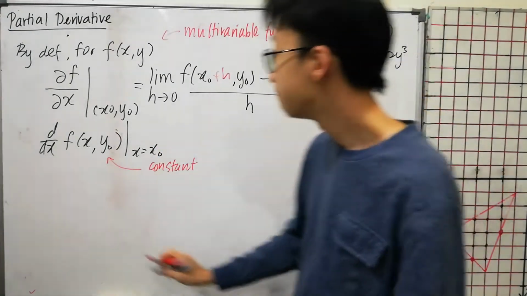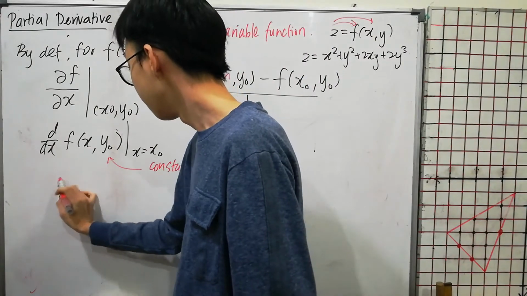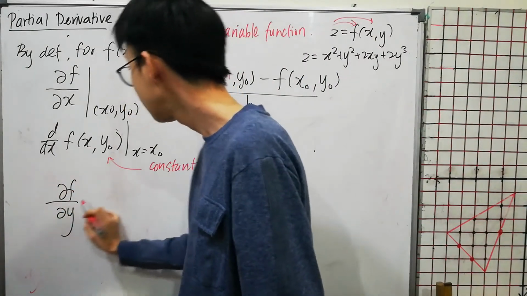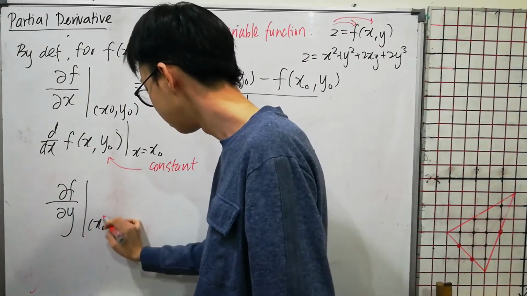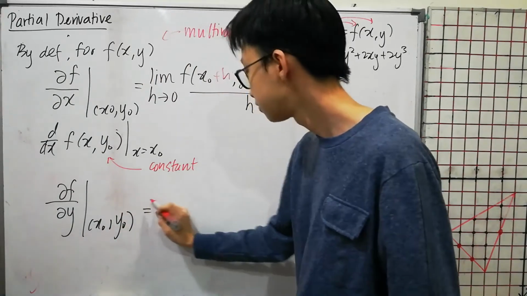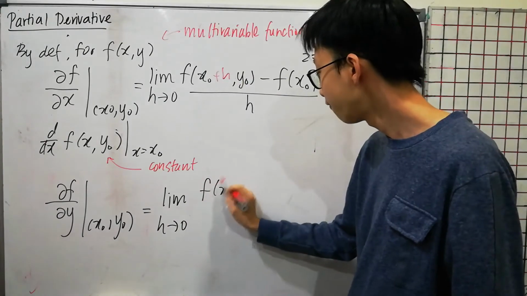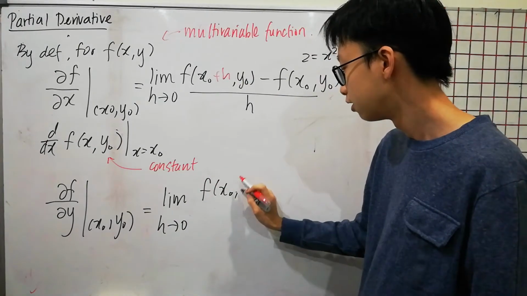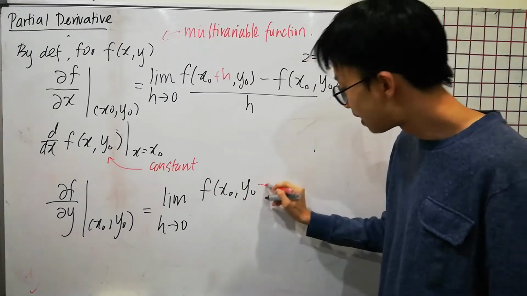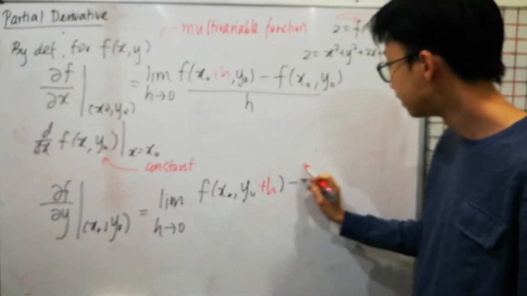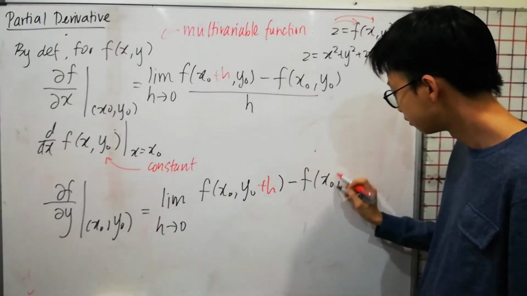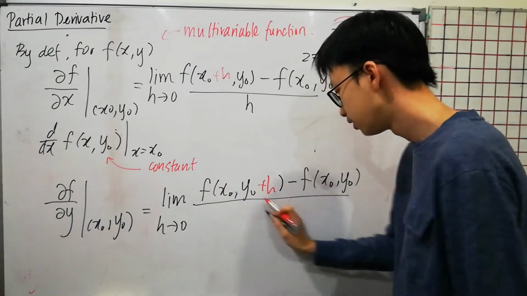So similarly, partial f partial y at (x naught, y naught) will equal the limit as h approaches 0 of f of (x naught, y naught plus h) minus f of (x naught, y naught), over h.